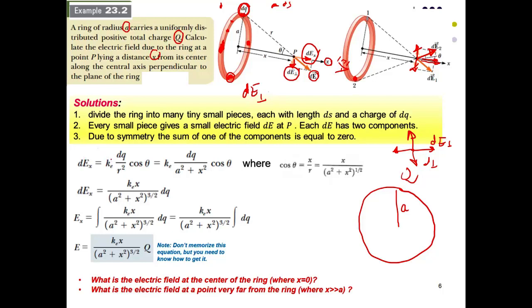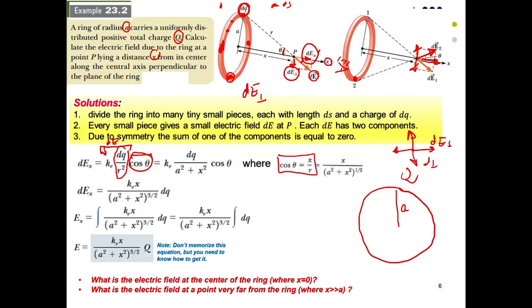Well, dEx is simply equal to k dq divided by r squared, but multiplied by cosine. Which cosine? Well, this is angle theta. Now we need this angle. So dEx simply is equal to dE multiplied by cosine theta. This is simply dE. But cosine theta is equal to x divided by r.